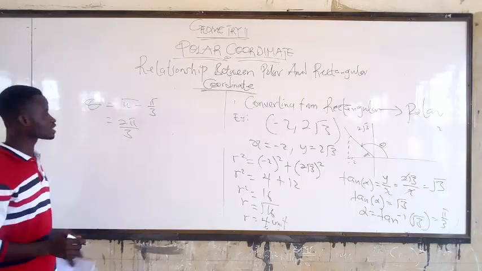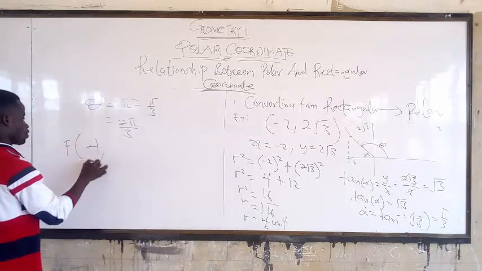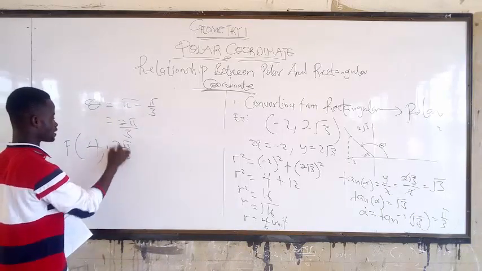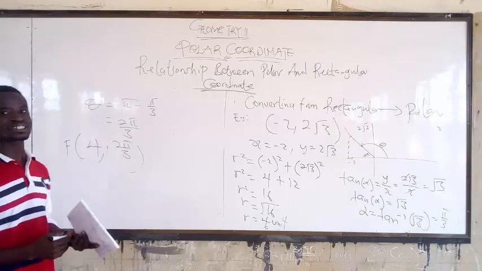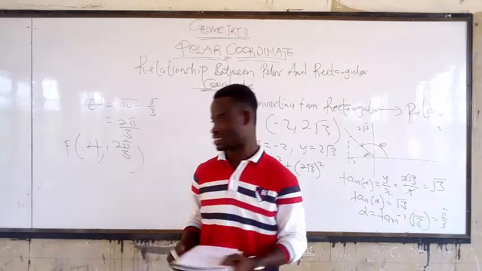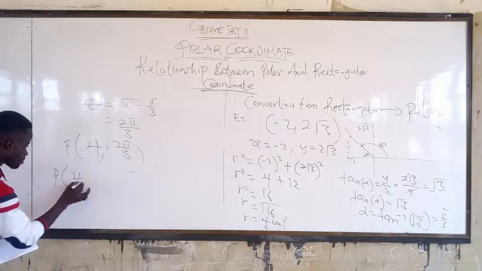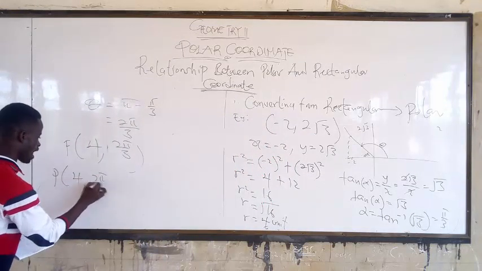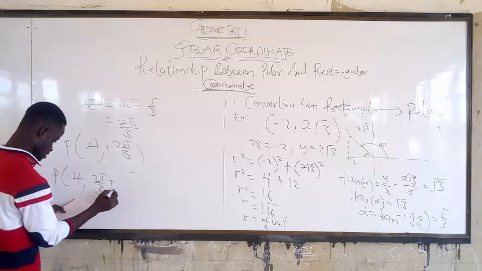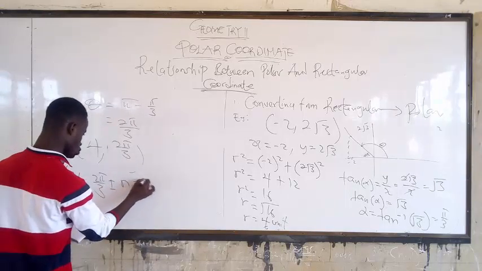So now that you have theta to be 2 pi over 3, therefore the point will be, the r is 4, then your theta will be 2 pi over 3. But you have to state this in general. So in general, how will you represent it? We are going to get this to be 4, then you bring your 2 pi over 3 plus or minus n times 2 pi.